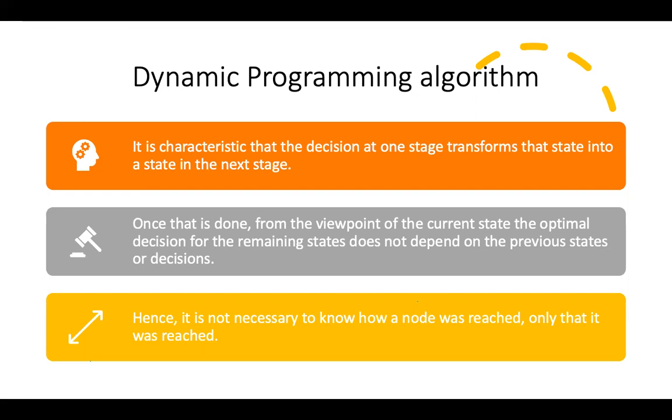Hence, it is not necessary to know how a node was reached, only that it was reached. So basically, we have multiple options for each path, and we decide on the basis of optimality which path to follow, and ultimately we reach our end state.